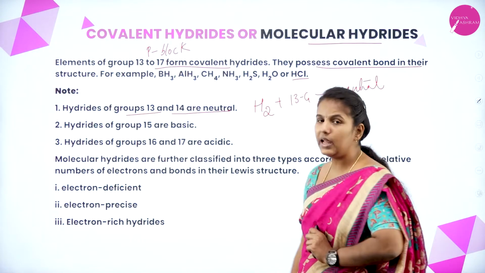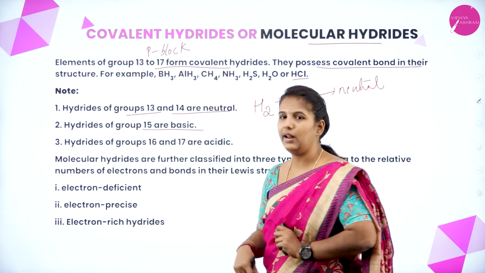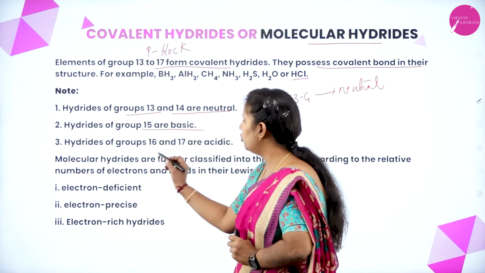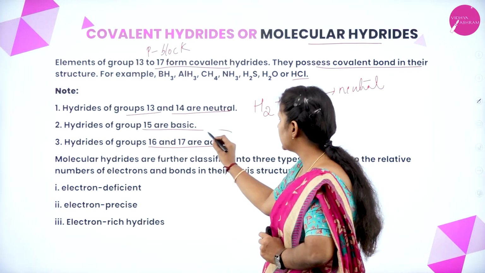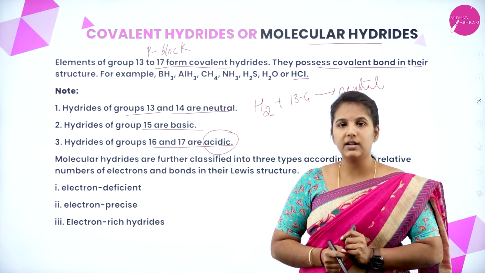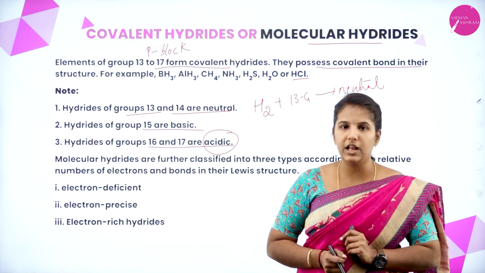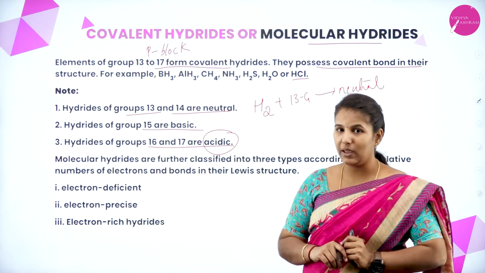Whereas the hydrides of group 15 are basic in nature. Similarly, groups 16 and 17 are acidic in nature. So these are the special characteristics of the hydrides when reacting with p-block elements, groups 13 to 17.